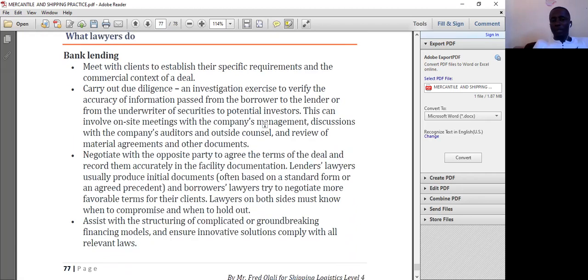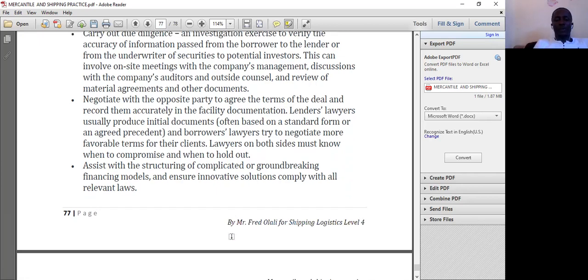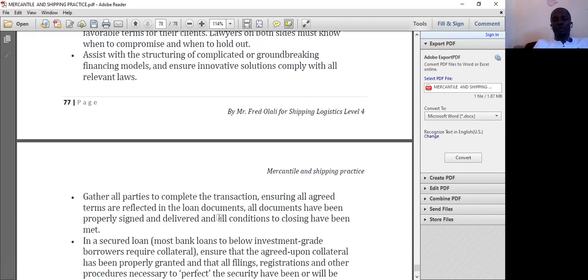In bank lending, they meet with the clients to establish their specific requirements and the commercial context of the deal. They carry out due diligence and investigation exercises to verify the accuracy of the information, negotiate with the opposite party to agree the terms of the deal, and assist in structuring complicated, groundbreaking financial models.